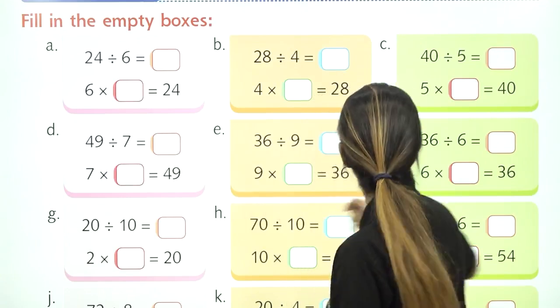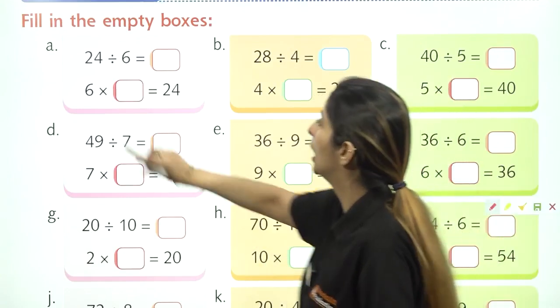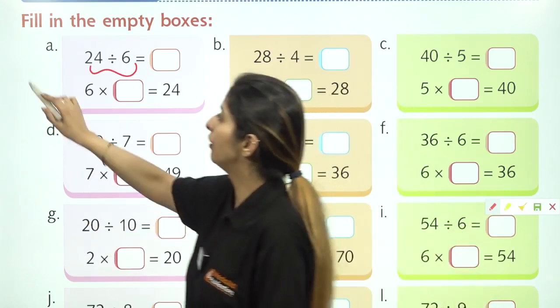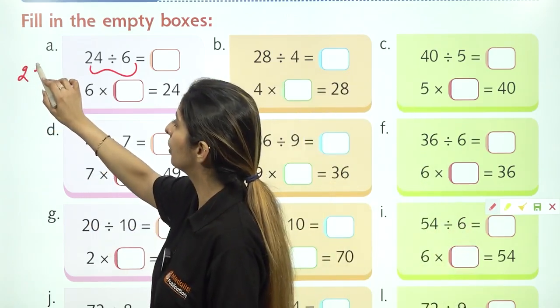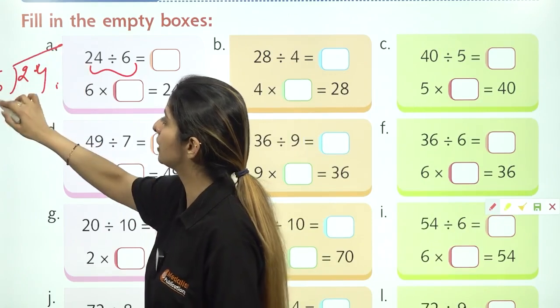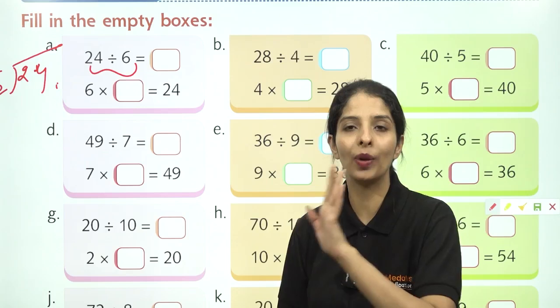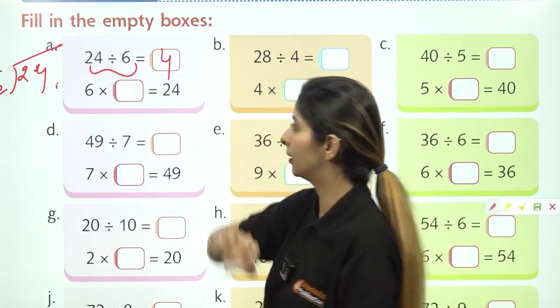Let's see the first example. 24 divided by 6, right? If we want to divide 24 by 6, we start recalling the table of 6. 6 4s are 24. So we write 4 here.